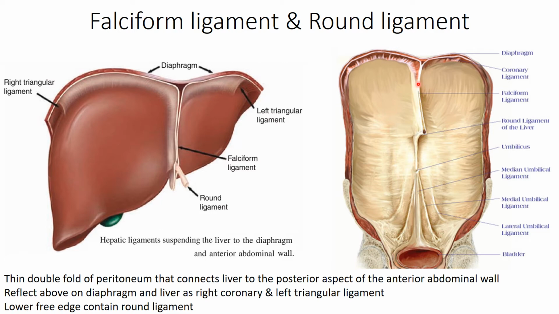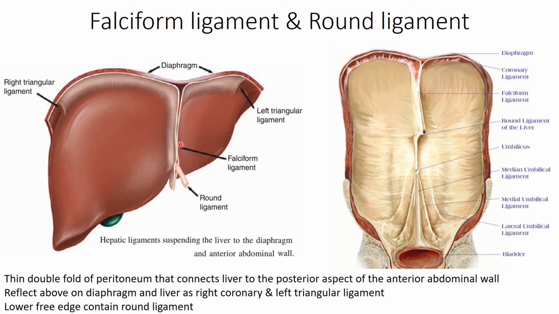So on the superior aspect, it is a mere 1 to 2 centimeters wide. The inferior margin of this bilayered peritoneum is in continuity, and in this free lower margin it contains the round ligament of the liver, which is the remnant of the fetal umbilical vein, and this also contains the paraumbilical vein, which is an important portocaval anastomosis, which may open up in case of portal hypertension.